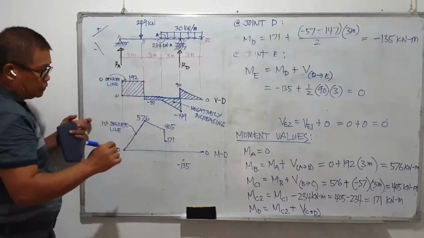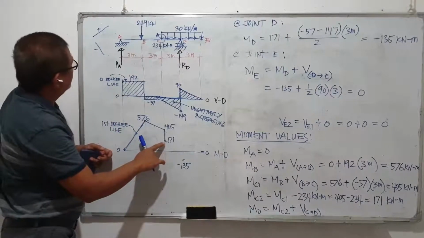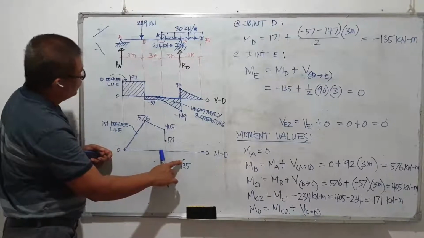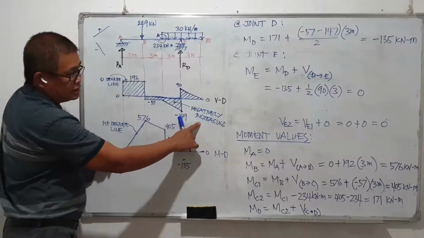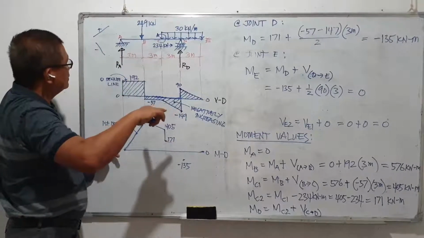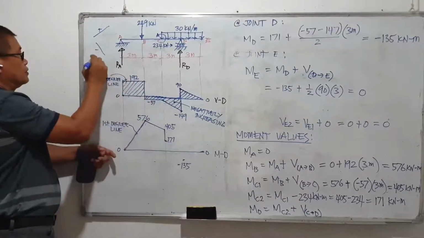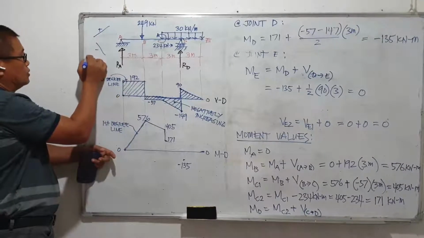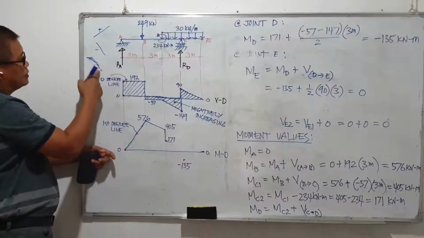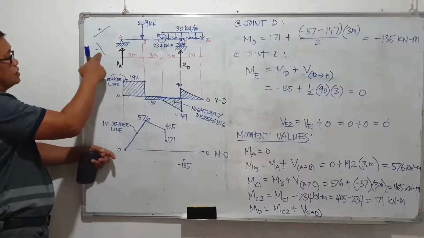So the slope that will determine the curve from this point towards this point will have a negatively increasing slope. Negative and then increasing. So an increasing negative slope will start with 0. The slope is increasing, but the direction is negative.